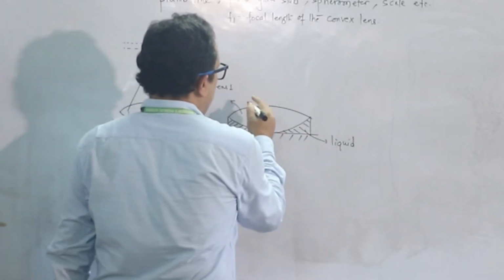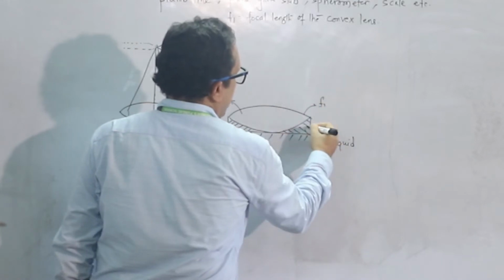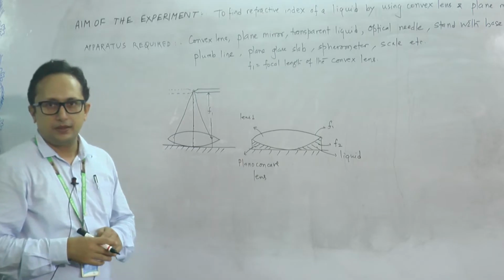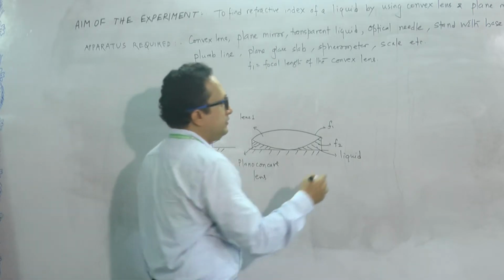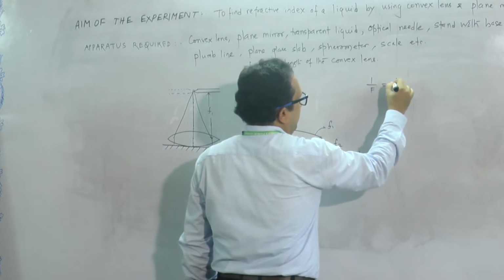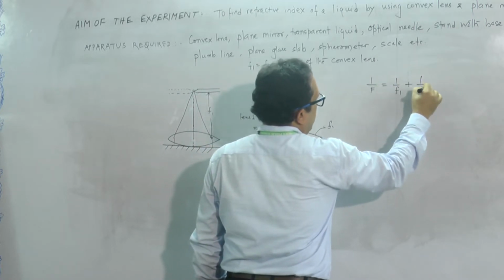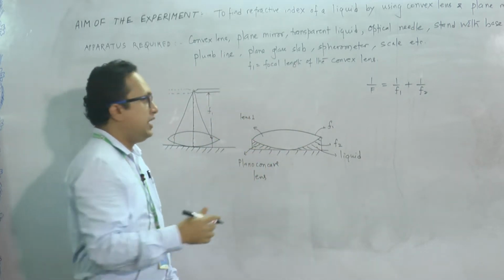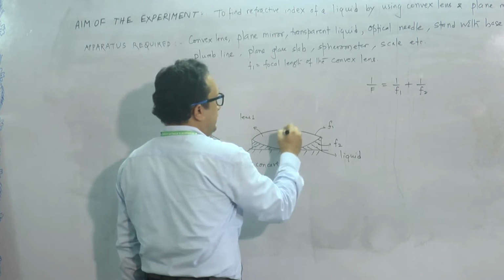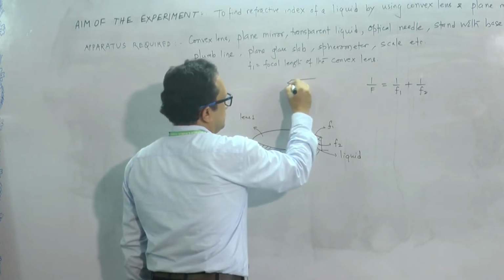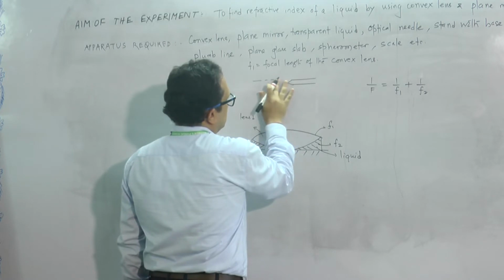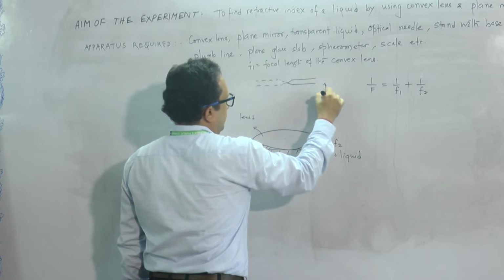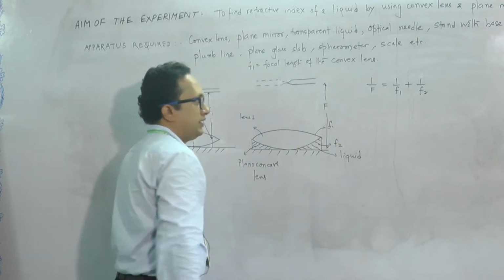So this lens has focal length f1 and this lens suppose has a focal length f2. So the combined focal length I know is given by 1/f = 1/f1 + 1/f2. So now I repeat the same experiment. I place an optical needle and then I determine the combined focal length. Assuming that this distance is my combined focal length.